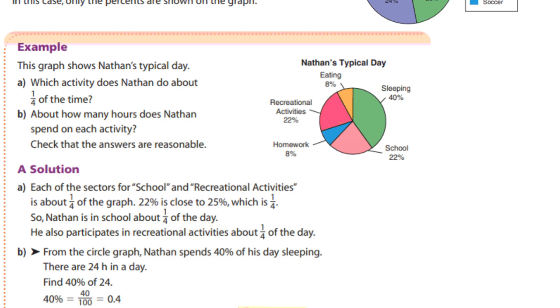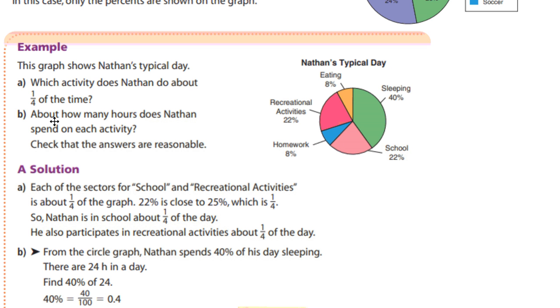So 1/4 times 100 would give us 25%. So we're going to look for something that looks like 25%, and I have recreational activities at 22% as well as school at 22%. So those are probably the best answers. He spends about a quarter of his day doing school and a quarter doing recreational activities.